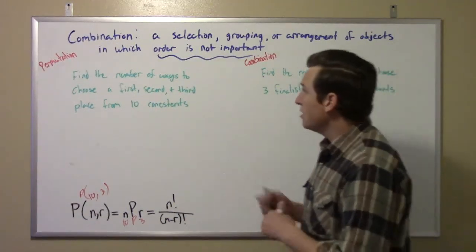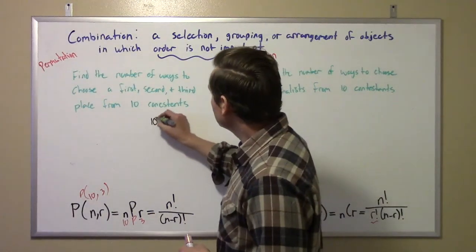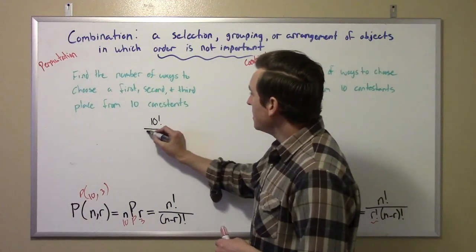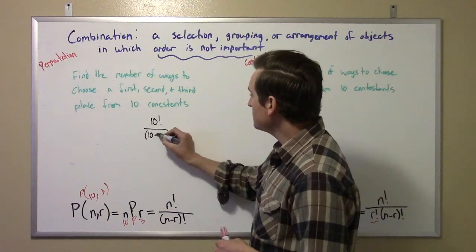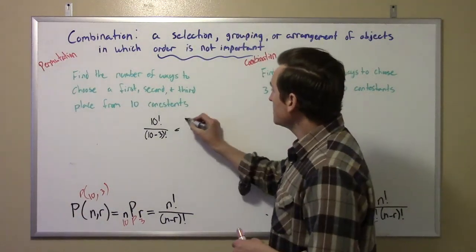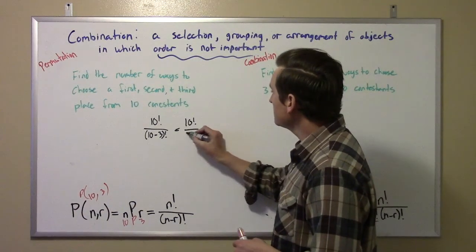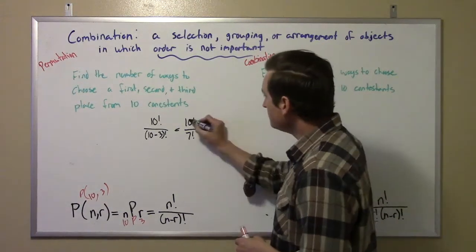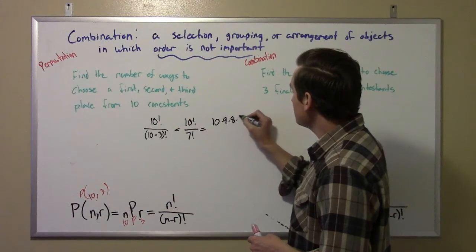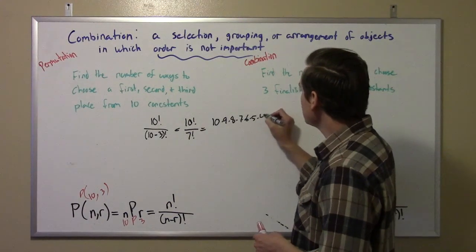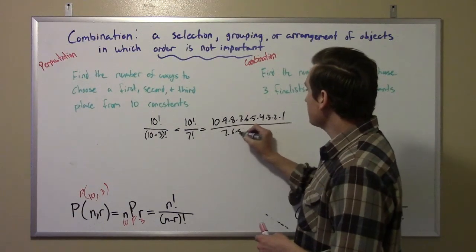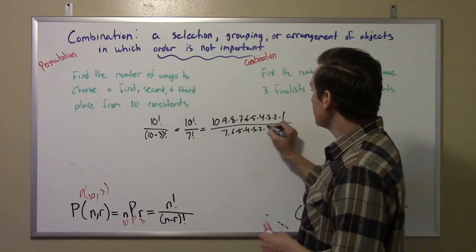So let's do it. We've got 10 factorial over 10 minus 3 factorial. Okay, so this is 10 factorial over 7 factorial, which is 10 times 9 times 8 times 7 times 6 times 5 times 4 times 3 times 2 times 1 over 7 times 6 times 5 times 4 times 3 times 2 times 1.